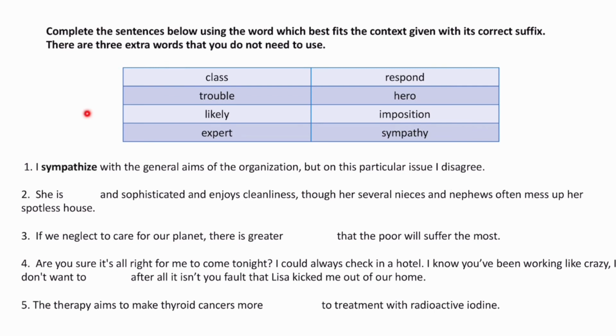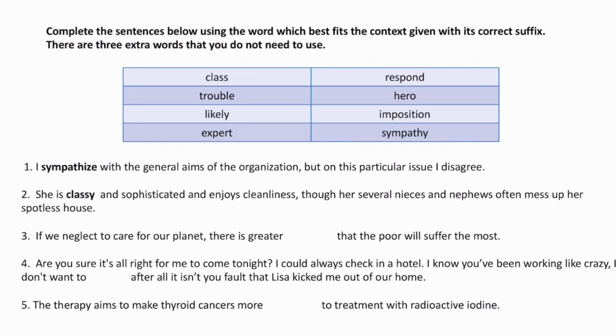2. She is unsophisticated and enjoys cleanliness, though her several nieces and nephews often mess up her spotless house. So sophisticated and enjoys cleanliness. You can pretty much see that we're going to be using class. So she is classy. 3.